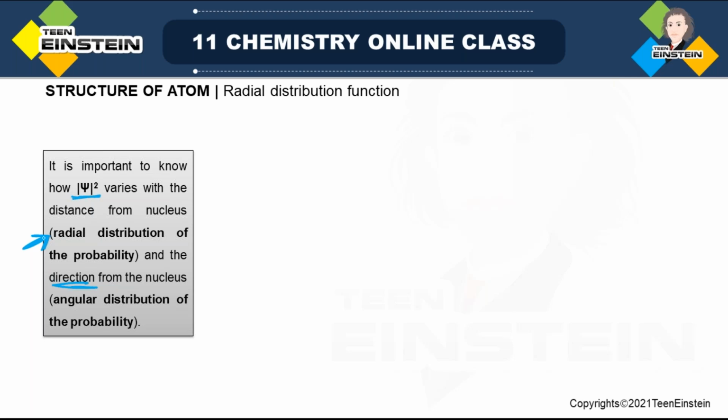The angular component will give you the idea about the shapes, but right now we are talking about the radial distribution function, which is completely related to the radial part. You have seen in the previous slide there are two components, radial and angular. So this is based on the radial component.